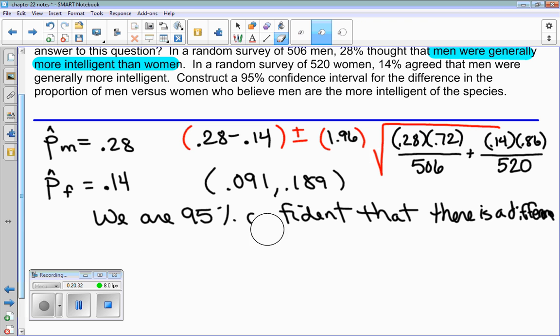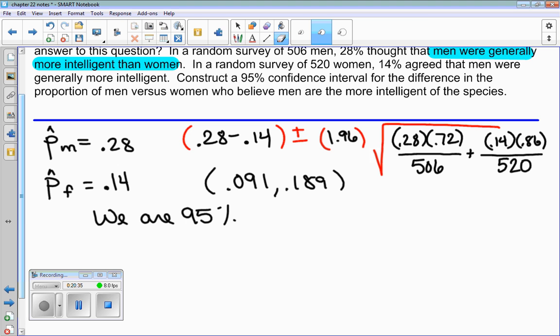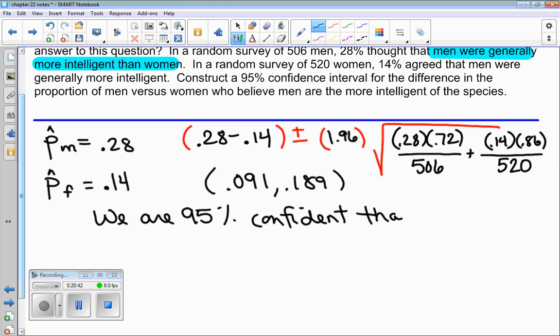We are 95% confident that, hang on, let's do it this way. Between 9.1 and 18.9% of more men think they're smarter than women.